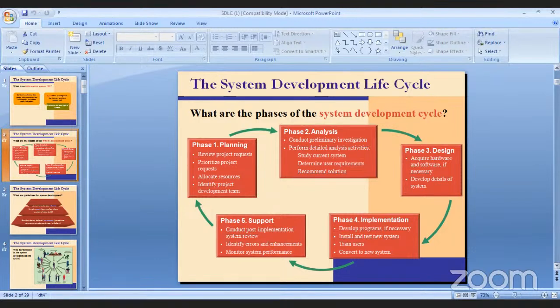Study current system. Suppose you want to start a new business, you have to first study the existing similar businesses. Suppose you want to open a drug manufacturing industry. Then before opening, you have to study similar drug manufacturing industries, which are manufacturing different drugs, and take the data.